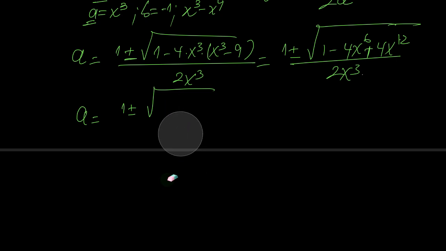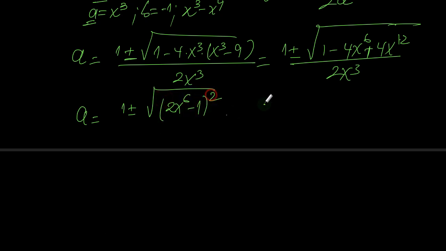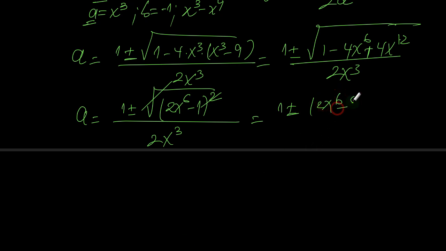Let's write it like this: this will be 2x to the power of 6 minus 1, squared. This one is a perfect square. So dividing by 2x to the power of 3, from here we're going to have the square root cancel with the square, and then we have 1 plus or minus 2x to the 6 minus 1, divided by 2x to the 3.